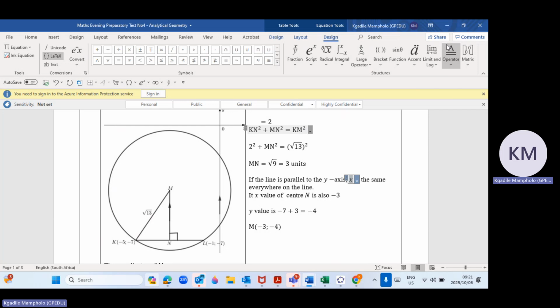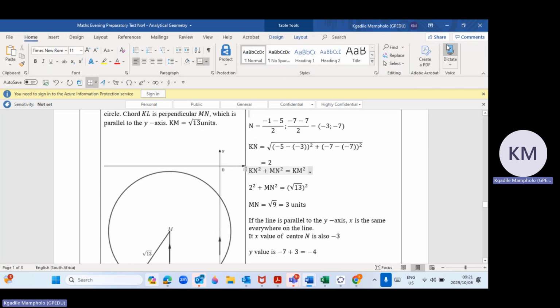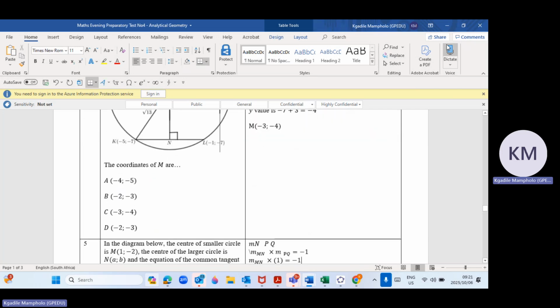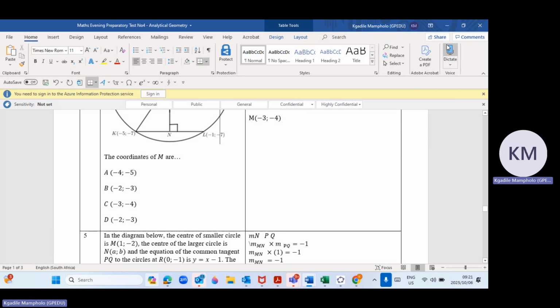Therefore, the coordinates of M are -3 and -4. That's the answer of number 4.